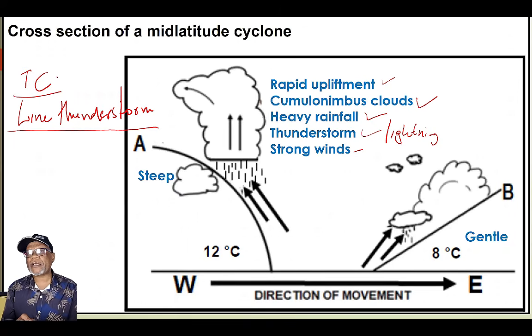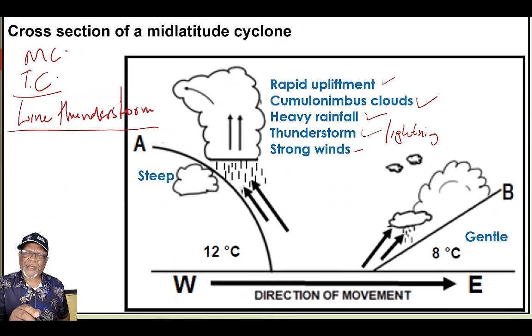That is what I also emphasized in our previous lesson. In our previous lesson, I said we have three systems or three weather phenomena that have cumulonimbus clouds. Number one is a mid-latitude cyclone, which we have here, the tropical cyclone and line thunderstorm.